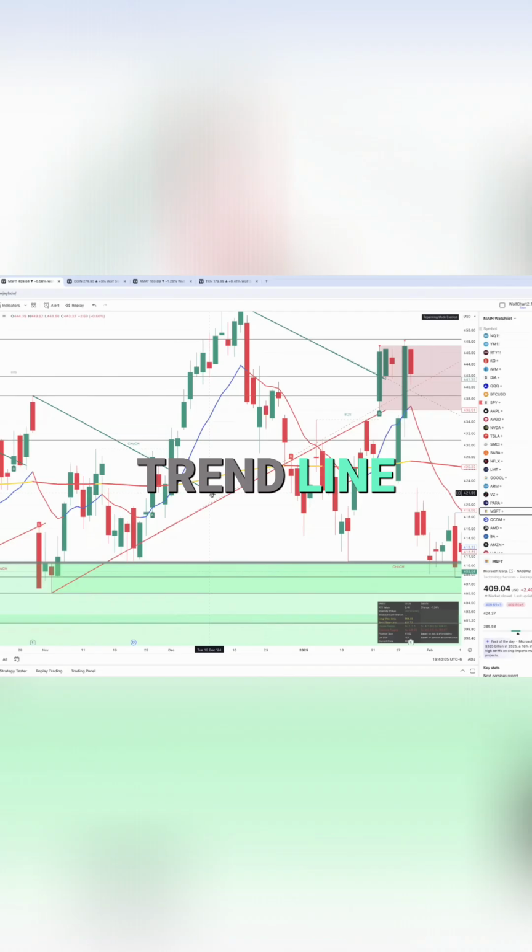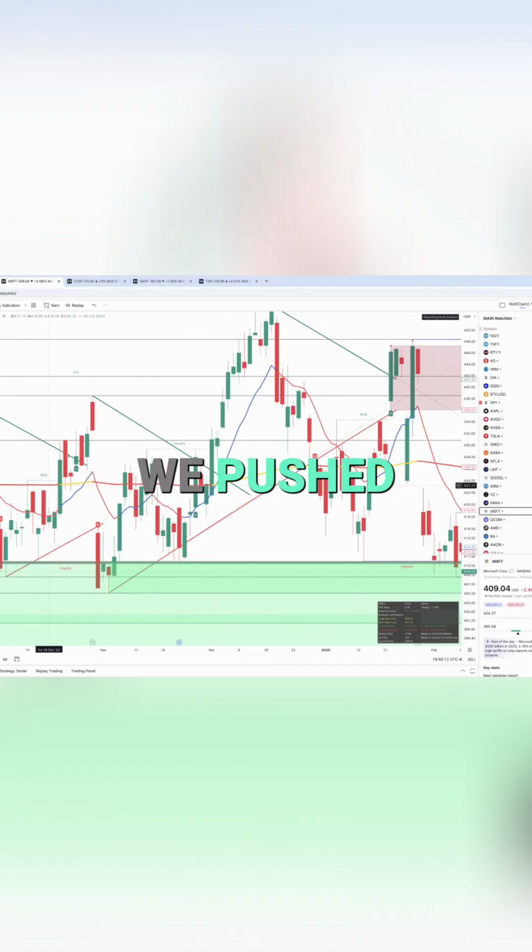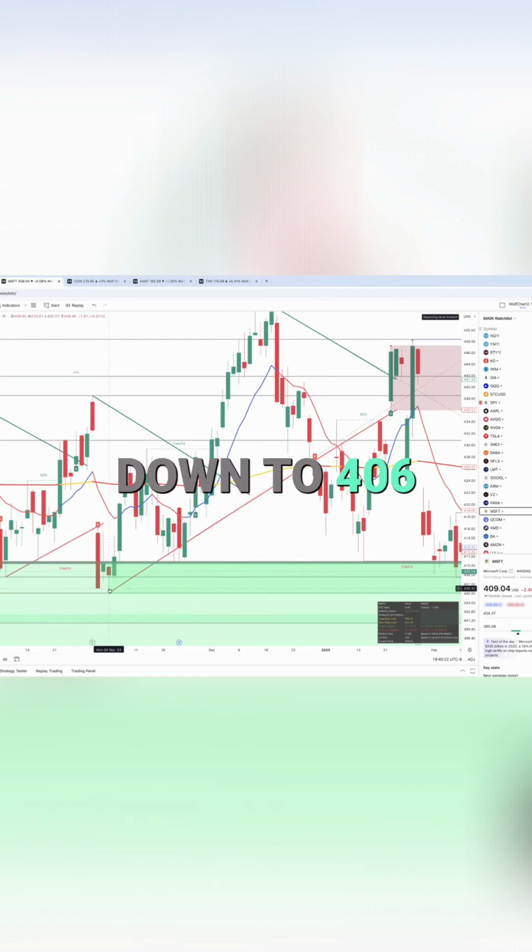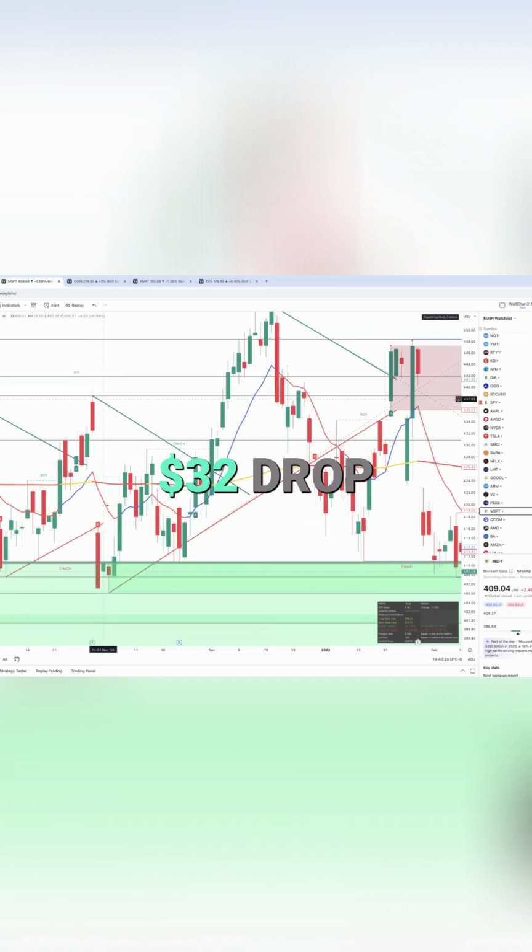This trend line here, they only come from these big sell-offs. You see how we pushed all the way up, we rejected at our resistance line, and then the stock dropped all the way down from 438 to 406, right? See that? Yep, a $32 drop. And it created this trend line pushing down.